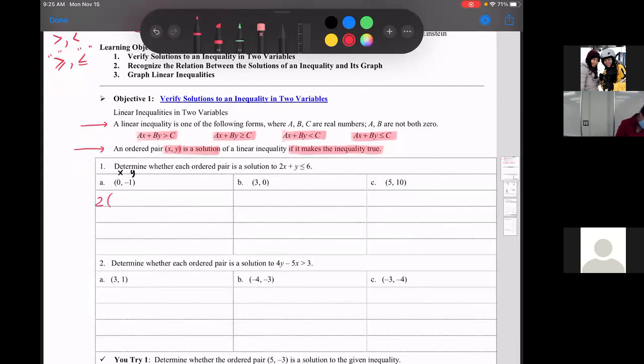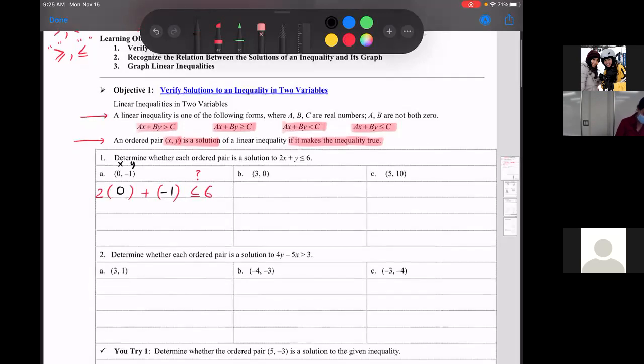So 2 times parenthesis plus parenthesis less than or equal to 6, and I'm gonna put a question mark. Why do I say that? I don't know if it's less than or equal to 6, right? All right, plug it in. x is 0, y is negative 1. 2 times 0 is 0, so this one is just 0.